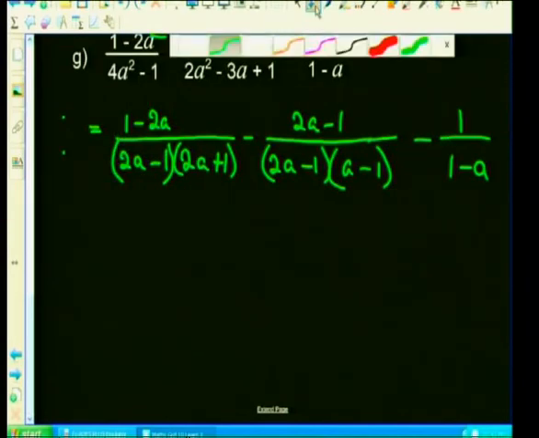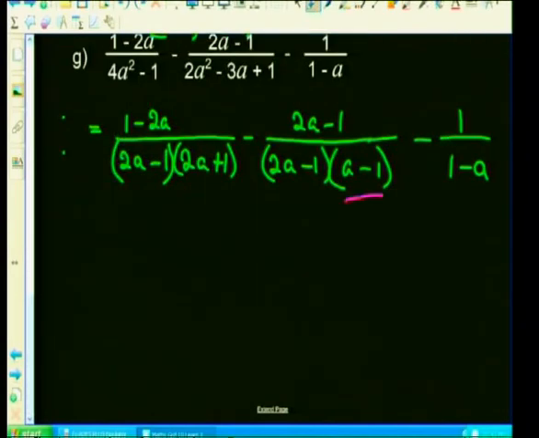Now, let's just have a look at this. A minus 1, 1 minus a. Very similar. And how about this over here? My 1 minus 2a and my 2a minus 1. Remember a little while ago, when we were doing factorization, we used switch around when it was a negative.